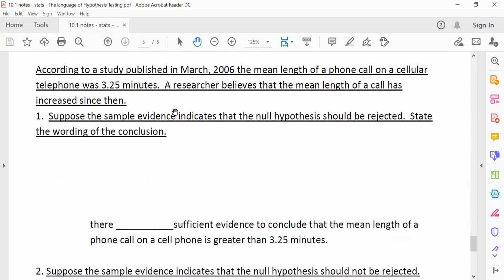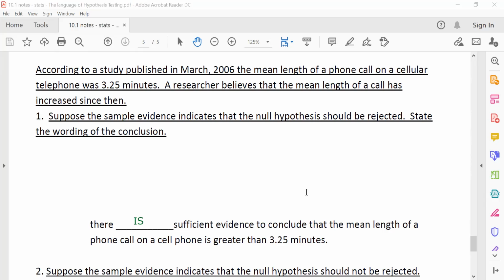So we go out there, we collect the sample evidence, and it indicates that the null hypothesis should be rejected. The conclusion then that we'd state is this. If we're rejecting the null hypothesis, we're saying there is sufficient evidence to conclude that the mean length of a phone call on a cell phone is greater than 3.25 minutes.